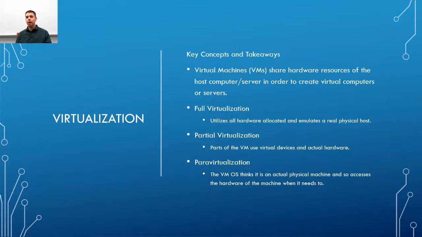It thinks it's the main operating system, so it's going to utilize the hardware as it needs it. Again, you need a robust system for some of this stuff. So, if you're running a VM on your operating system, and you're trying to do stuff on your operating system and on the VM at the same time, and they're both trying to access hardware at the same time, you could max out your hardware.